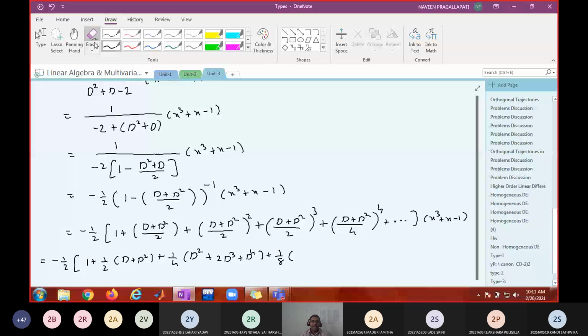Only d cube is sufficient because remaining terms will contain higher powers of d. Okay, and so on, of x cube plus x minus 1. Is this point clear to all of you? I am not writing remaining terms. Why? Because remaining terms will contain powers of d more than 3. So when operated on this polynomial, it is going to be 0. Is that clear?